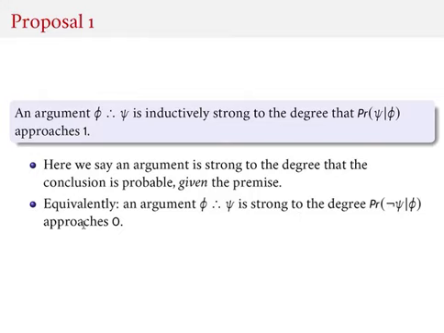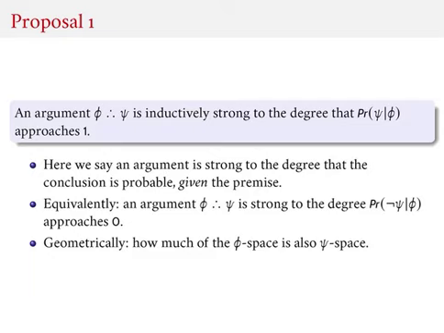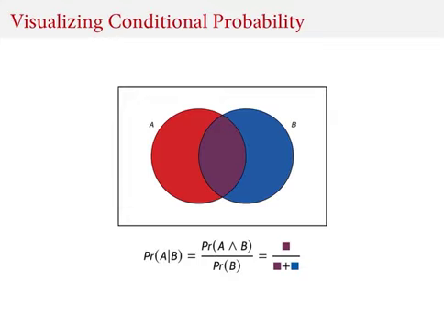And so to understand this proposal in a bit more detail, we can think about it geometrically using the diagram which we used to talk about conditional probability when we introduced it a couple weeks ago. So when we're asking about the probability of A given B, in this case A is the conclusion and B is the premise, what we're asking about is how much of B's space does A also take up?